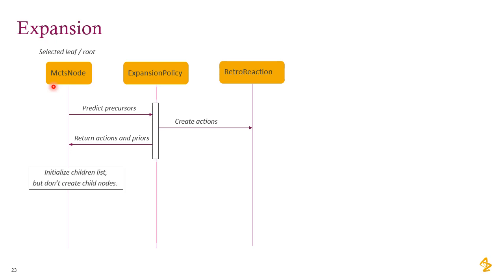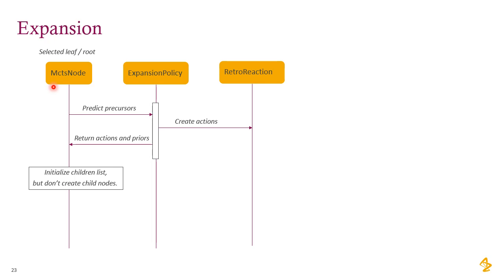And then the Monte Carlo node will create a number of lists. It will instantiate a list with children nodes, but it will not create any of those objects. It will just add none basically to a list. Then it will create a list of priors.